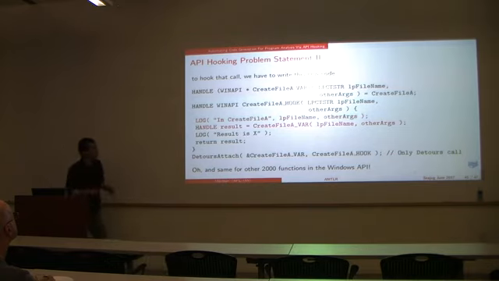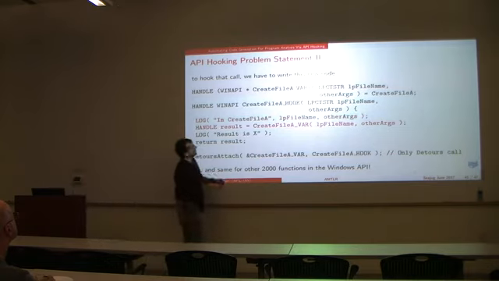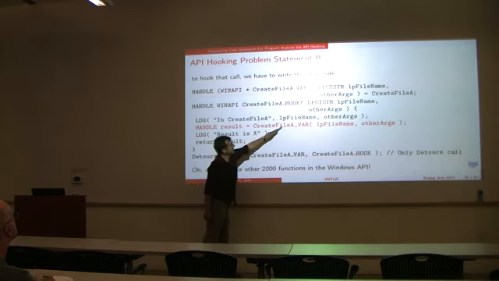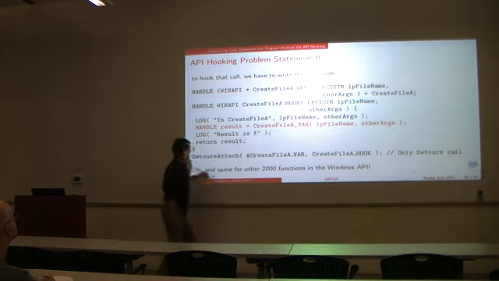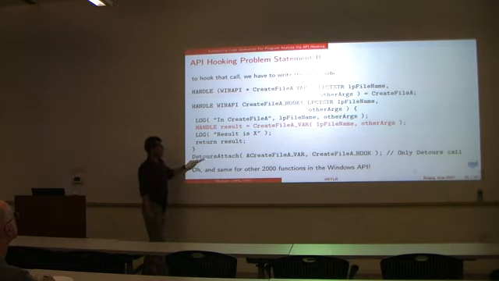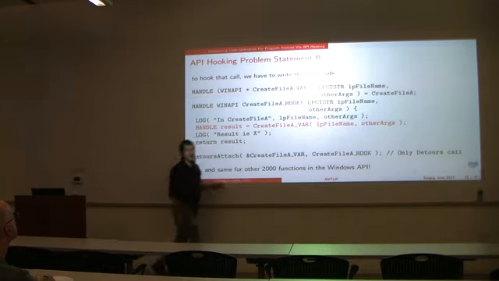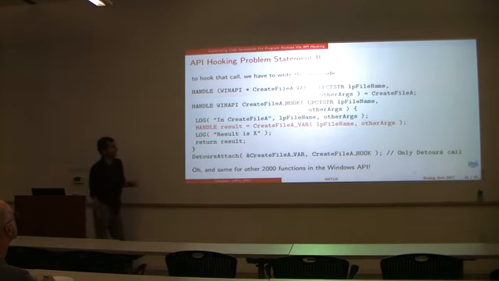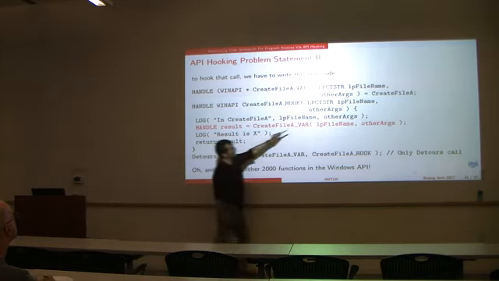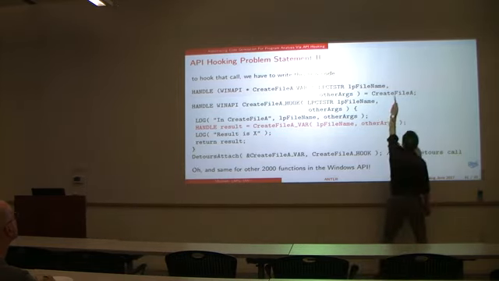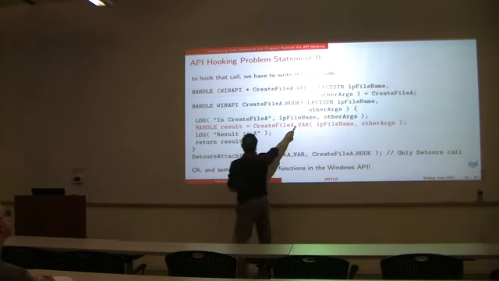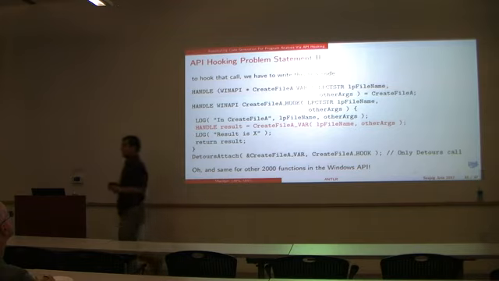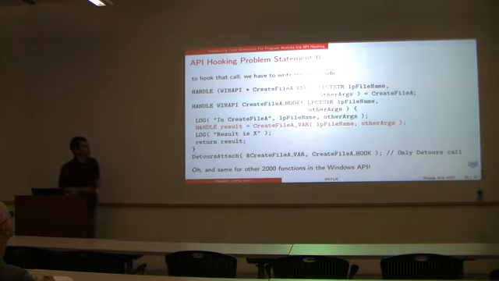Then I have to call the real thing, and I'm calling a variable that I defined up there. When I call the Detours attach function, this variable gets magically changed. It starts off pointing at the real function, and it ends up pointing at something called a trampoline that lets me call it to give me that green line in that last graphic.